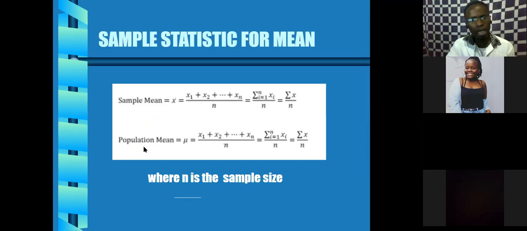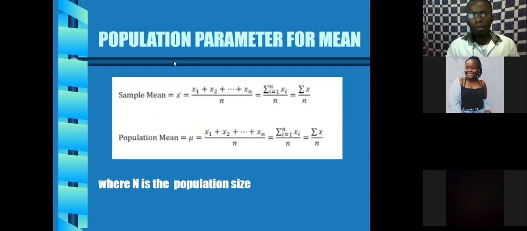The sample mean and population mean calculations are the same, except the symbols that we use are different. The formula is just the same, so there's no difference in terms of formula and calculation. What is different is just the symbols used to represent it.